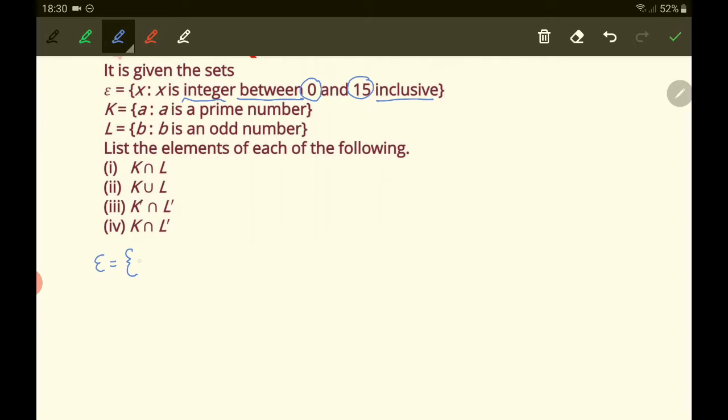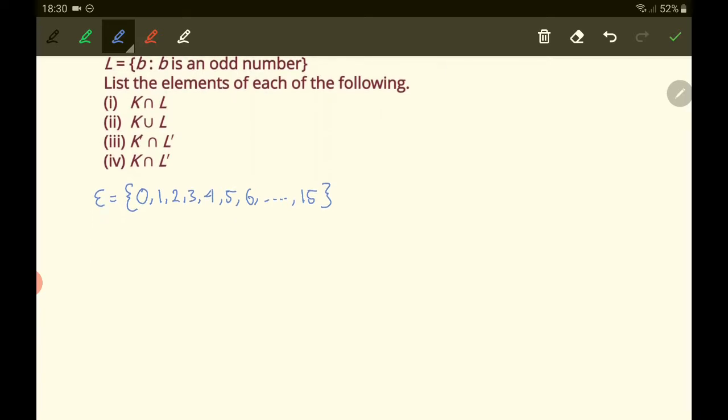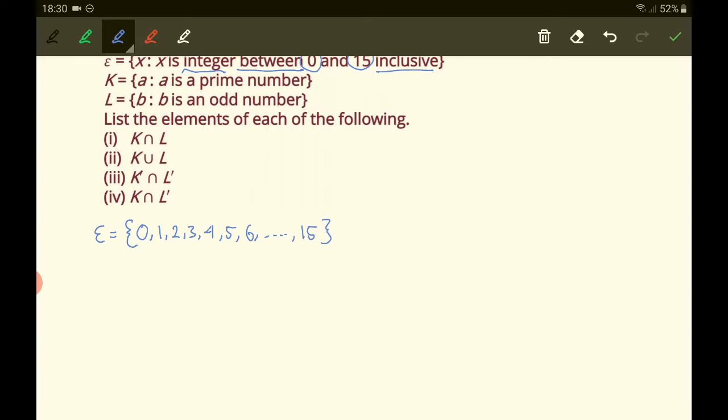So 0 is also included: 0, 1, 2, 3, 4, 5, 6, and then until 15. Don't want to make it longer, so just write like that.